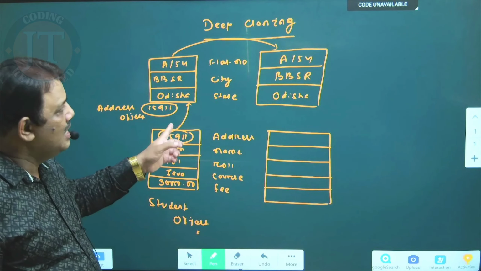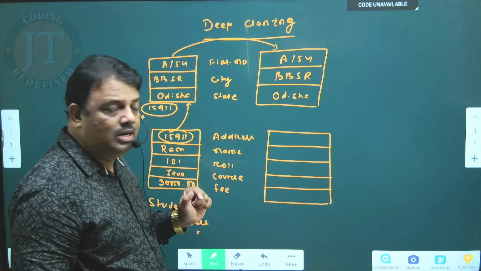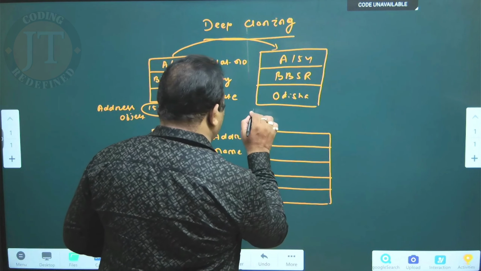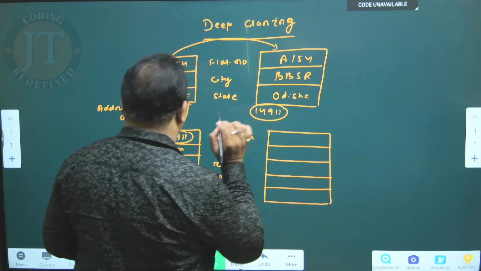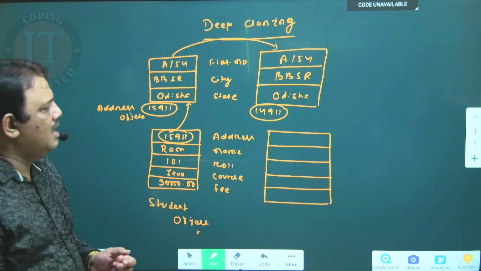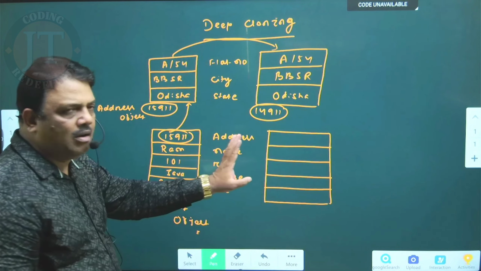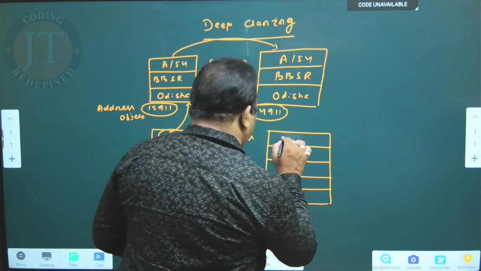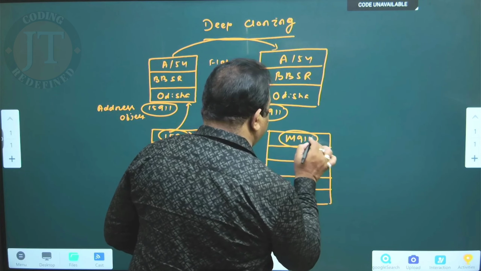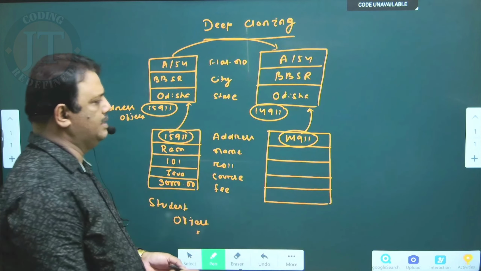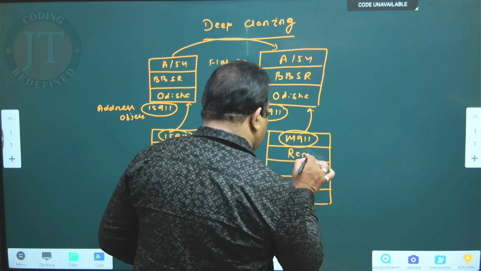But when the internal object is cloned, its address is never the same, so it contains 14911. Now when the original Student object is cloned, it contains 14911 and points to this object. Here the name is the same, Ram.